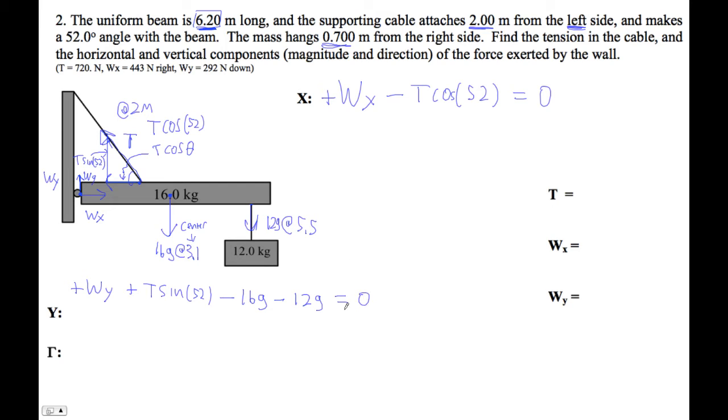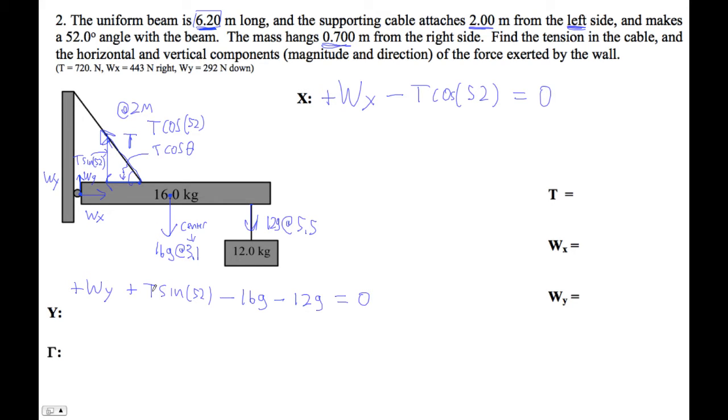Right, so remember in the y direction, all we really care about is just, is it up or is it down? Okay, plus is up. These guys are up, right? The wall, we're guessing that the wall is up, right? Okay. Could be that the wall's down though, right? Because it's holding it up really close to there. So it might be that this has to push down. We'll find out whether that's positive or negative here.